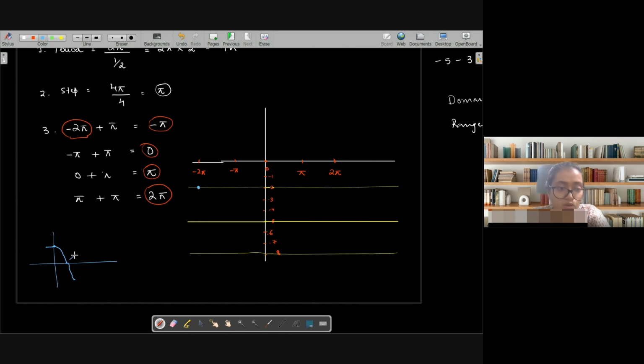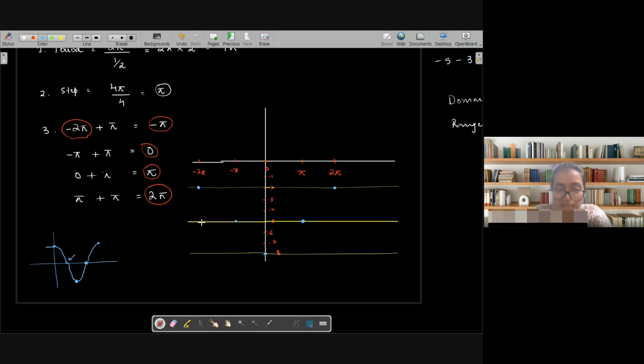Then it goes to the intercept, next point. Then it goes to the minimum value, at 0. Then it comes to the intercept, next point. Then again, it goes to the maximum value.